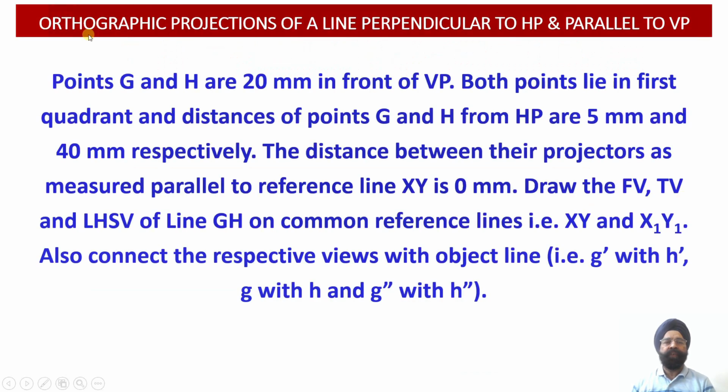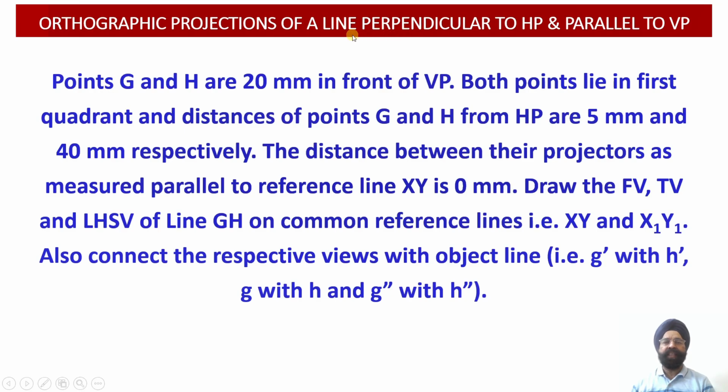So here we are required to evaluate the orthographic projections of a line which happens to be perpendicular to the horizontal plane and parallel to the vertical plane. Since this line is parallel to the vertical plane, the front view projections of this line will reveal the true length of the line onto the vertical plane.